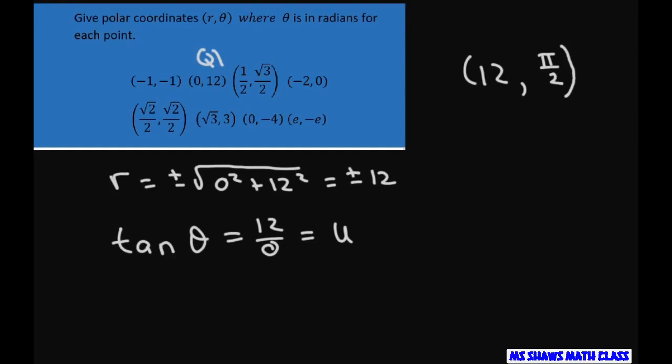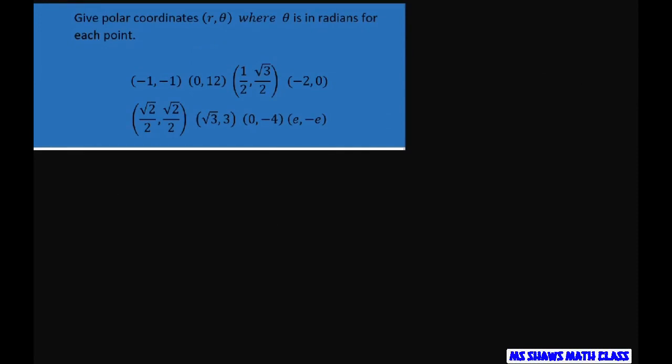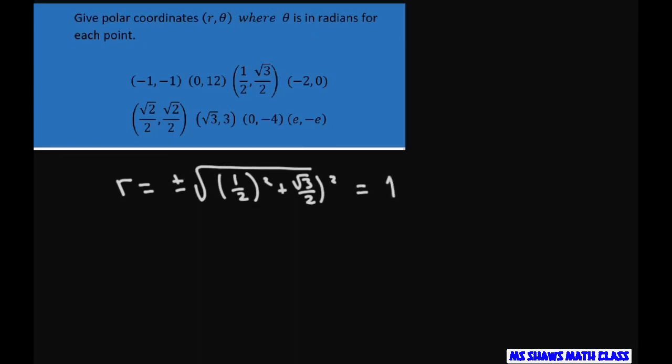And tan is undefined at π divided by 2. Okay. Next one, we have r equals plus or minus the square root of (1/2) squared plus (√3/2) squared, and that's just going to give you plus or minus 1.